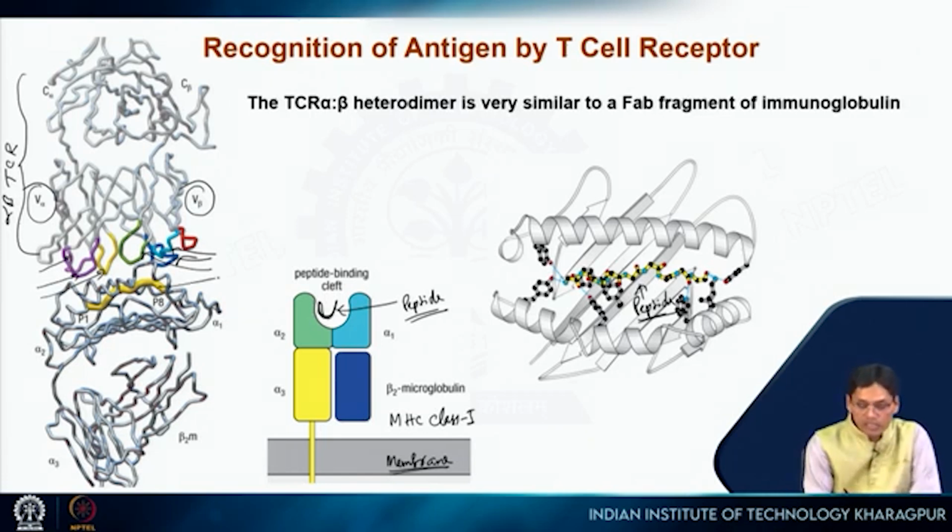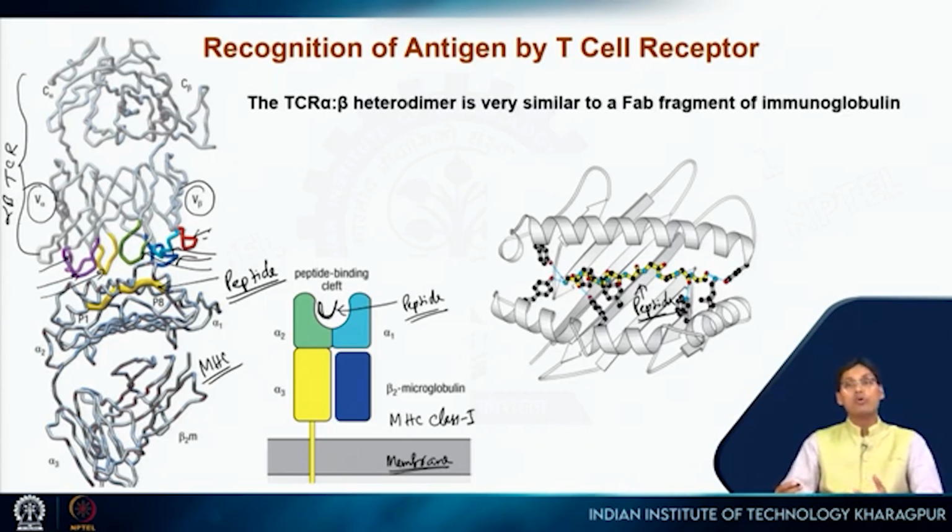Here this thick yellow structure is the antigenic peptide which is being presented by this MHC molecule. Now, as you can see, this red portion is a little different. This is hypervariable loop 4.